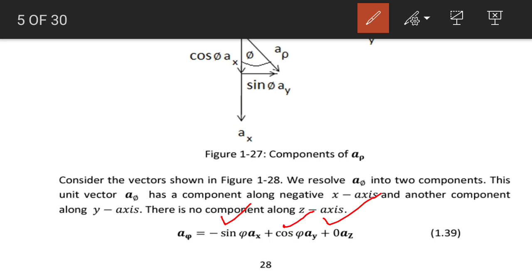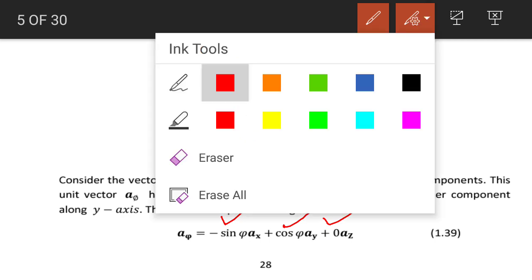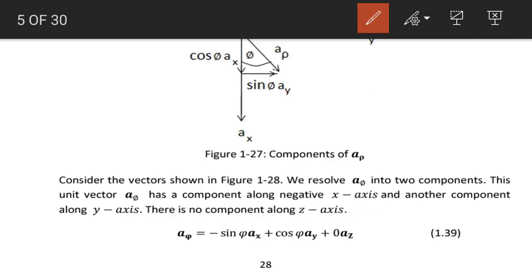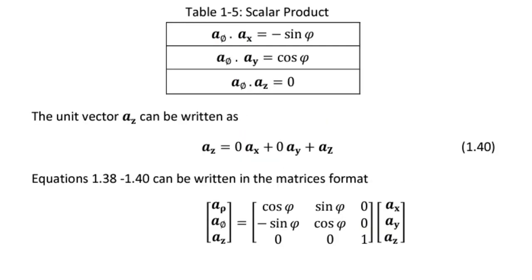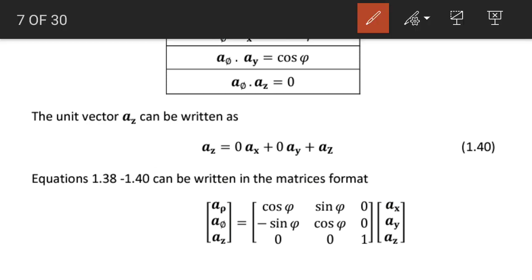And let us consider the scalar product of these unit vectors once again in table number 1.5. So you see a phi dot ax results in minus sin phi, a phi dot ay results in cos phi, and a phi dot az results in 0.